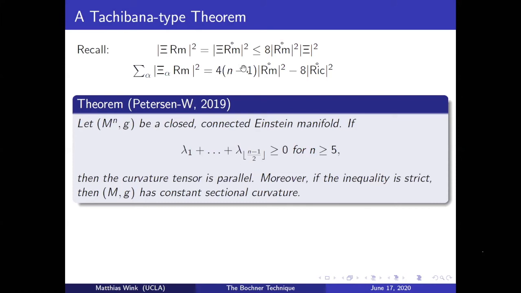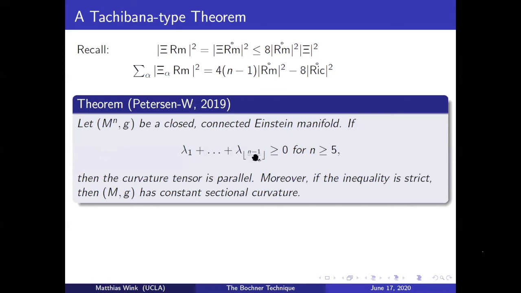And then the general Bochner technique that we've used before for forms also works for algebraic curvature tensors. And the result that we get is the following. So we're sitting on a closed Riemannian manifold, connected and Einstein. If we sum up the first (n minus 1) over 2 eigenvalues, and this gives us a sum that is non-negative, then the curvature tensor has to be parallel.